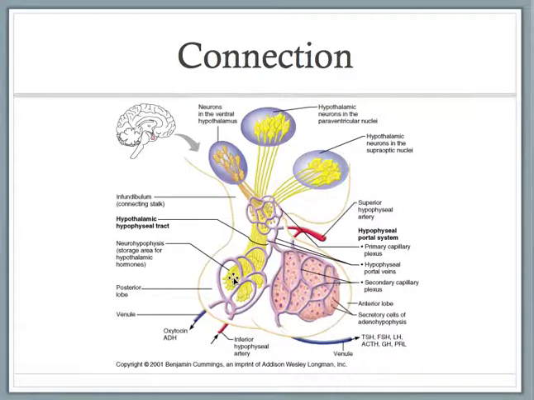So the cell bodies are going to be in these nuclei, and then the long tracks of these axons is going to travel through the infundibulum. Together the track is called the hypothalamic hypophyseal tract. So it's a tract, a connection or a bundle of neurons from the hypothalamus to the neurohypophysis.